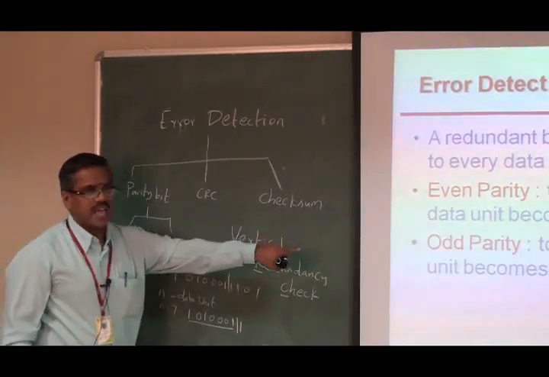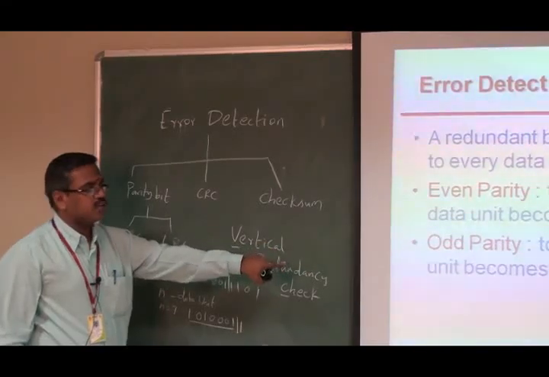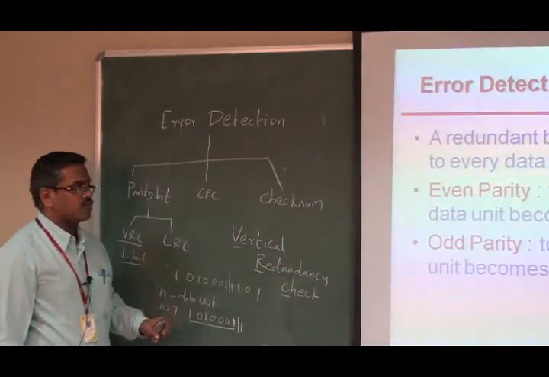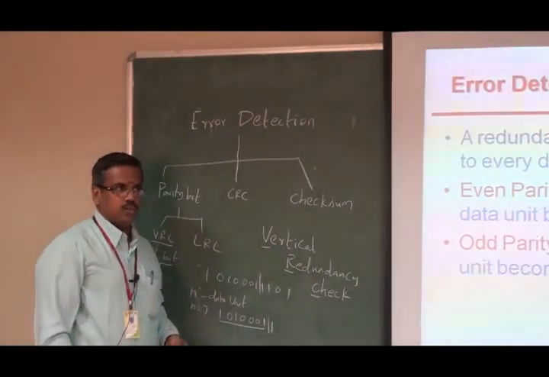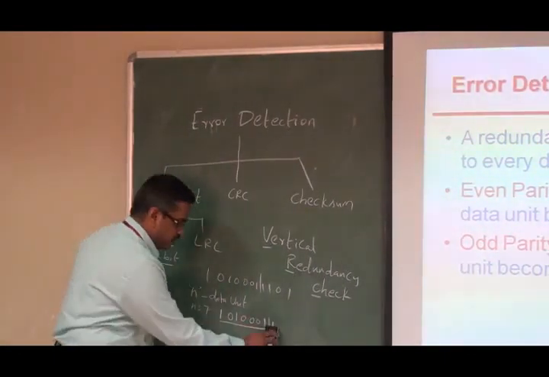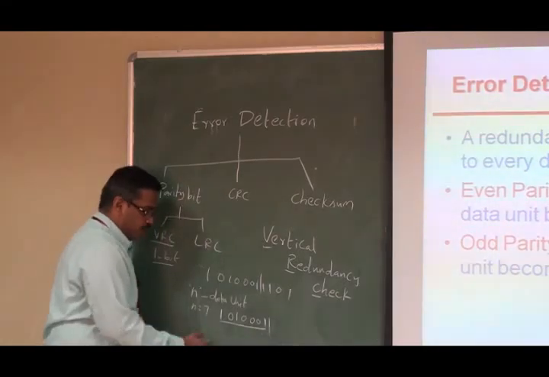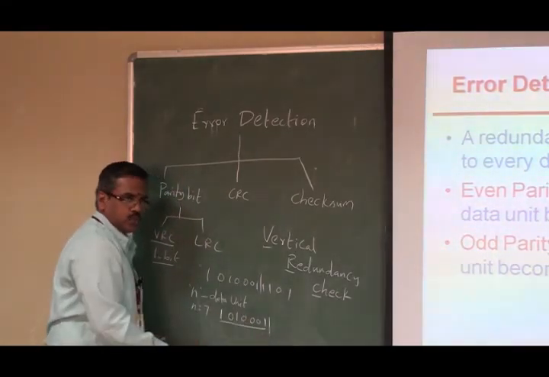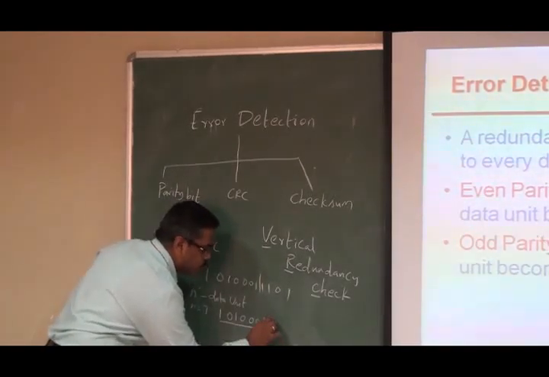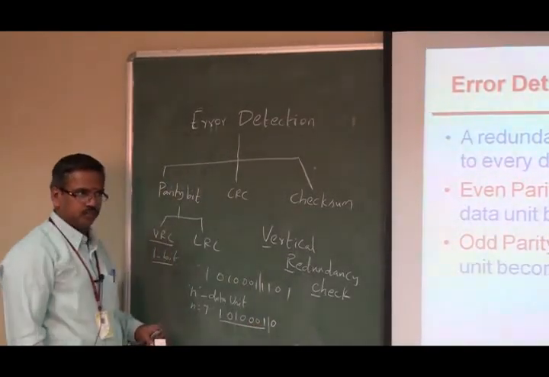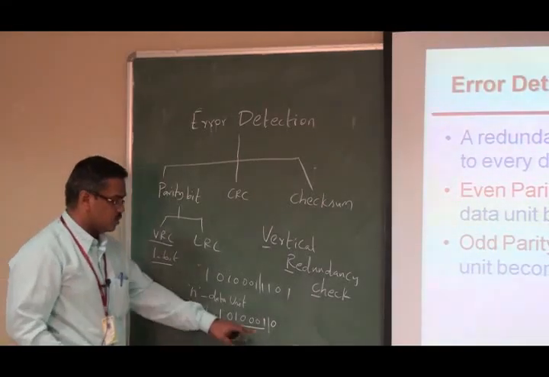Suppose you are using odd parity, where the number of ones is odd, that is 1, 3, 5, 7. The count should be like that. Here we count the number of ones: 1, 2, 3. It is already odd, so we make the parity bit 0. So the parity bit is 0.